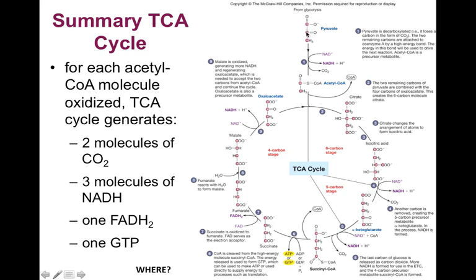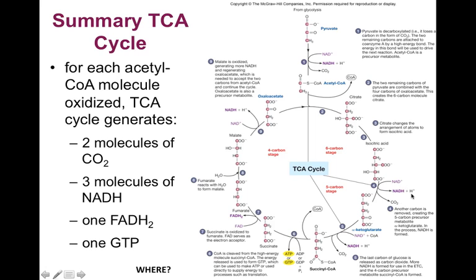So you have the pyruvate being converted to acetyl-CoA, and then it's shuttled to the citric acid cycle. Acetyl-CoA combines with oxaloacetate to give you citrate, and then this is isomerized to isocitric acid, and then decarboxylated.